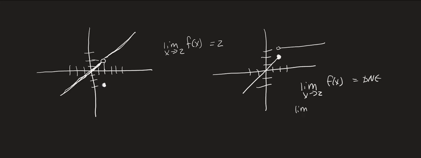If I look at the limit as x approaches 2 from the left, that means I start to the left of 2 and I just travel along that curve, and I want to see what would it be if it existed at 2. It happens to be there at 2, but that doesn't really matter. It's just what would it be if it got there.